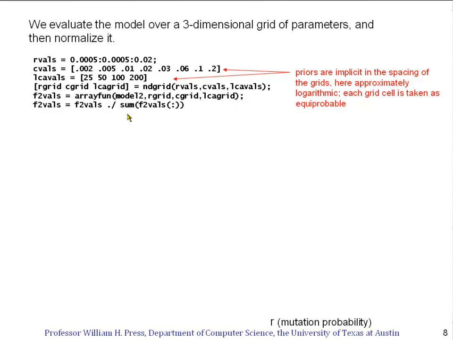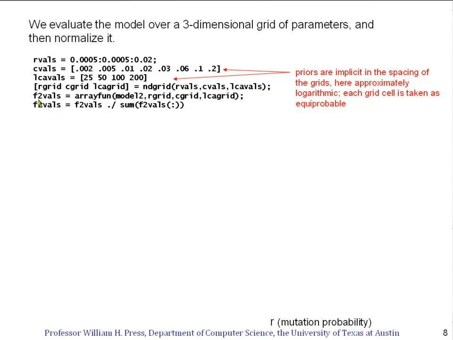The Bayesian denominator is simply the sum over all of the cells in this three-dimensional array, and I renormalize the values here by dividing each of them by the sum. The reason for these 2's in the names is that this model, if you look on the previous slide, was named Model 2. That's because it's the mixture model with 2 components.